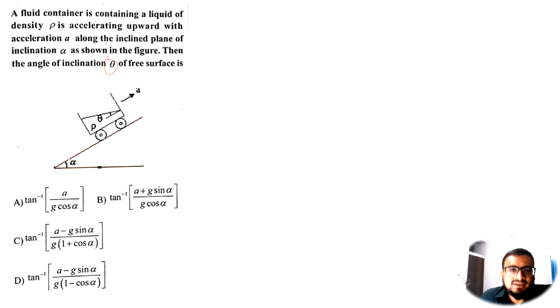So let us take this same liquid when it is accelerating on a plane surface. Let us say that this is accelerating on a plane surface with an acceleration a. Definitely the liquid will be like this, making an angle theta with the surface. Now for this liquid, gravity is acting downwards.